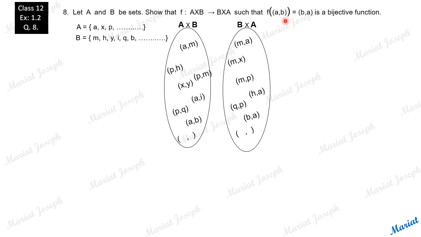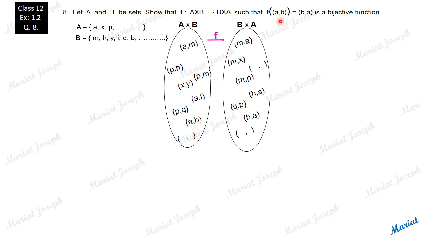Now, we are given a function. A function f is defined from set A cross B to set B cross A. Here, this set is the domain and this set is the codomain. Every element of the domain would be related to an element in B cross A, that is the codomain.